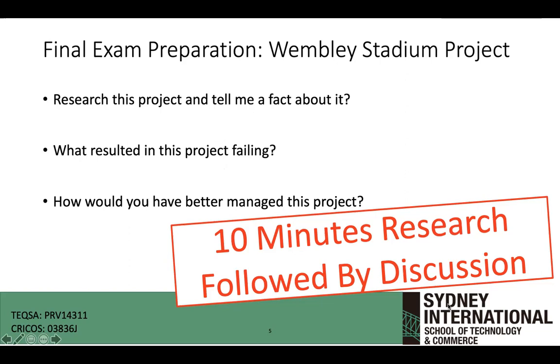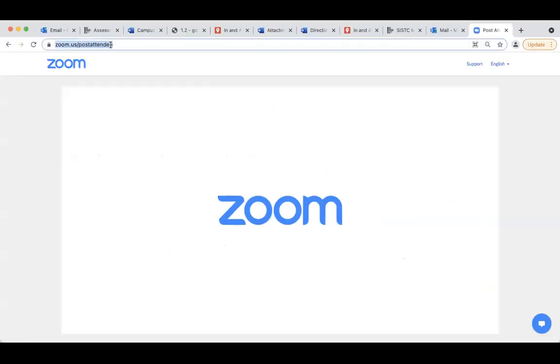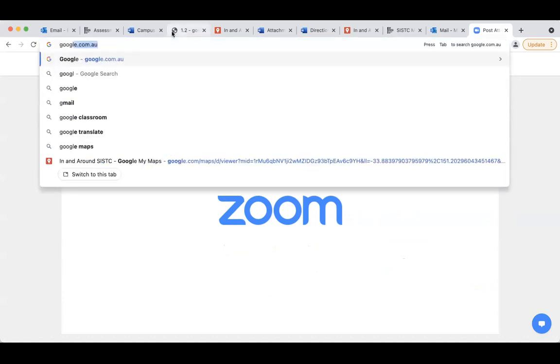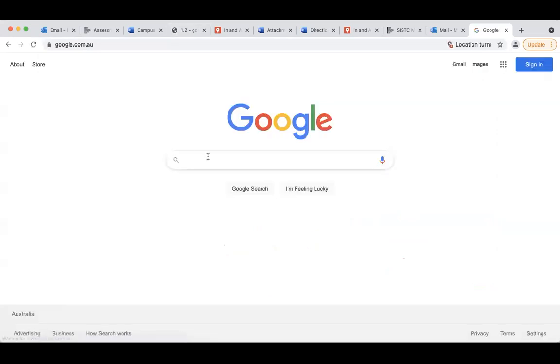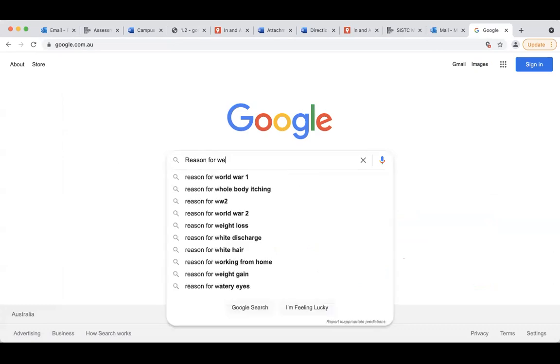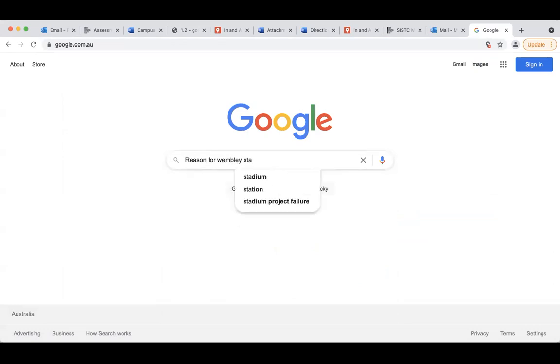If I was to go here for a second and go to google.com, reasons for Wembley Stadium project.